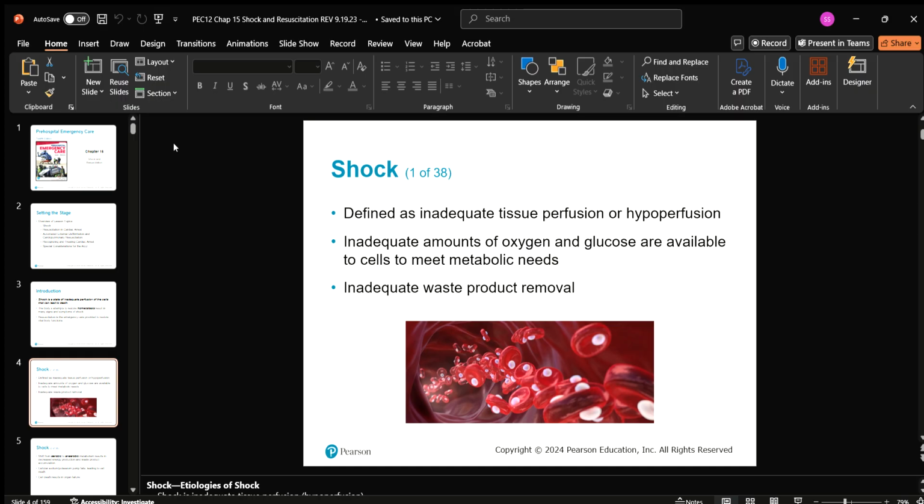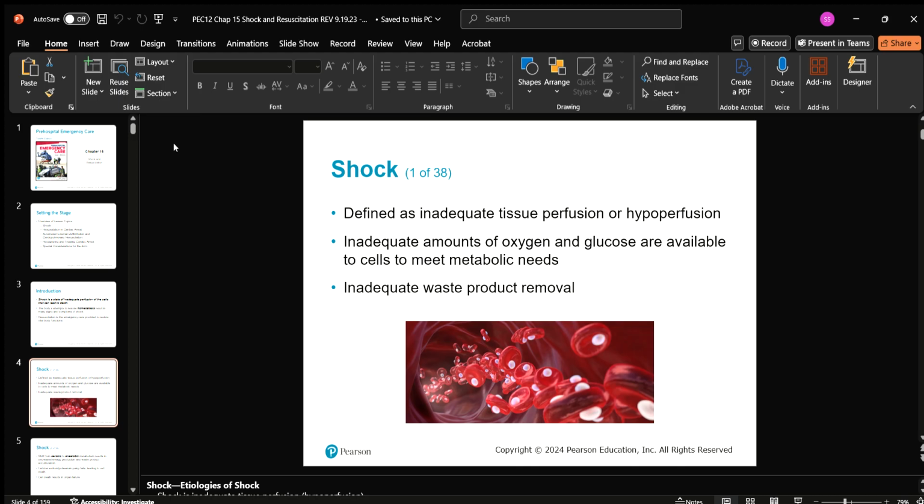So when we talk about shock, there are several different aspects of it. The biggest is that the tissue, the cells, are not perfusing. But in addition to that, we're not removing waste products. When your body goes without oxygen for so long, you move from an aerobic to an anaerobic state.